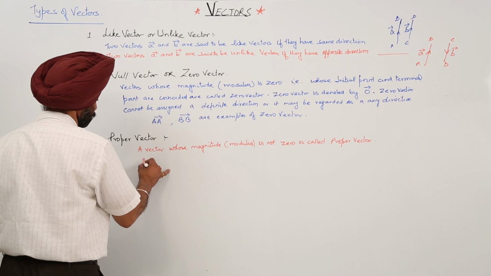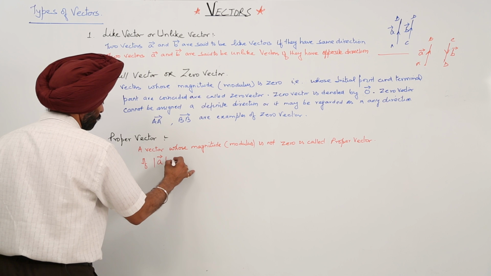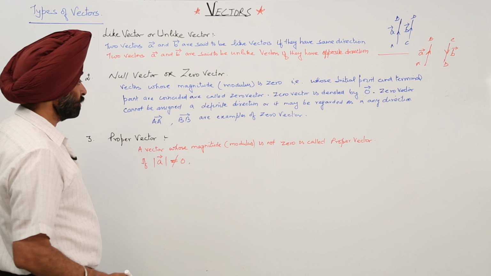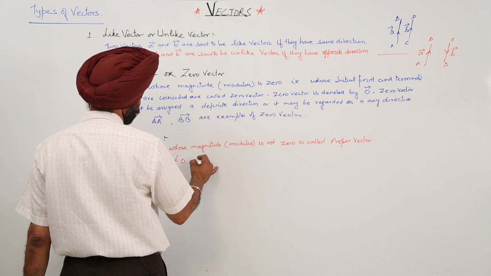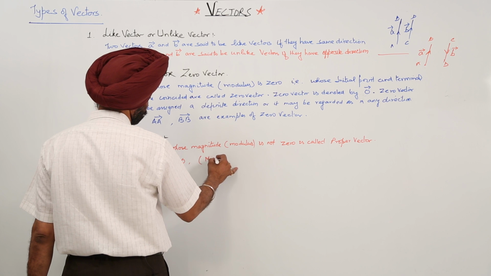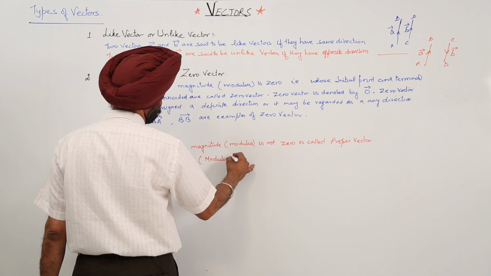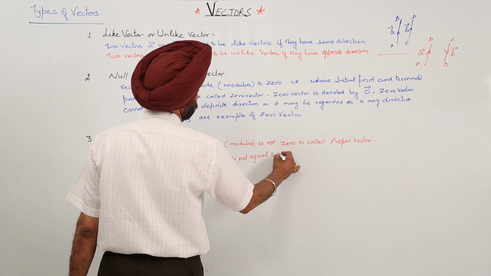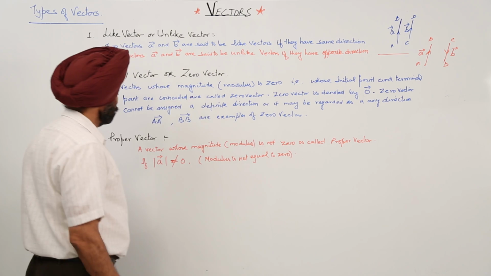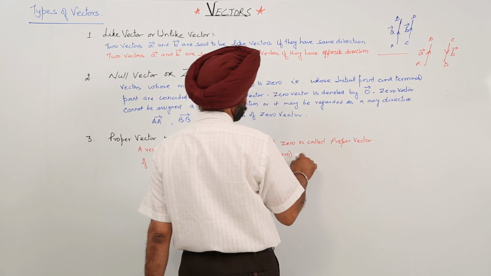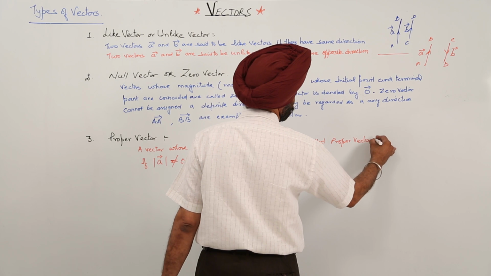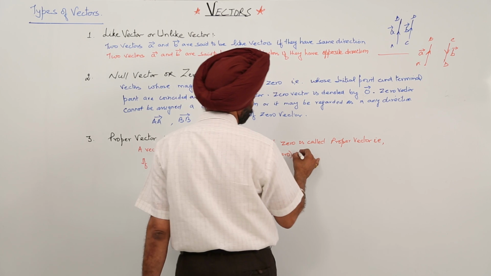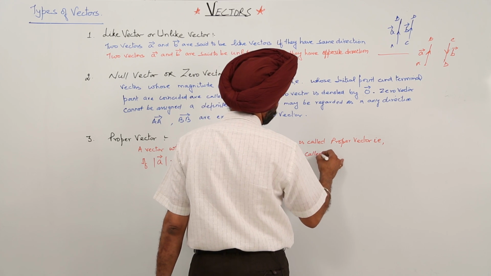Now, or we can write it, modulus of A is not equal to 0, modulus is not equal to 0 is called proper vector.